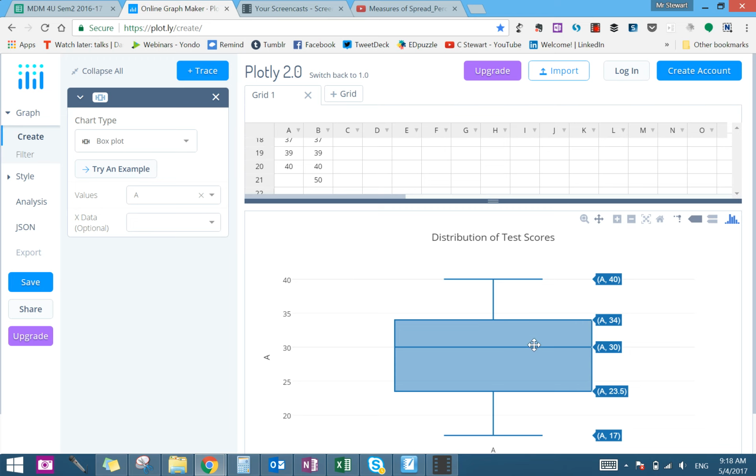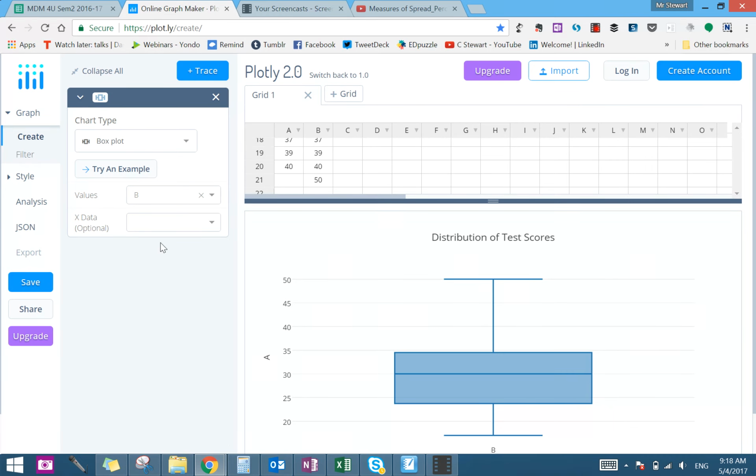So it gives you an idea of how the data are being dispersed in this distribution. If we then select plot B, here's plot B. The scaling is the same, that is, we have intervals of 5, although the spread is much more, because we now have a maximum of 50.